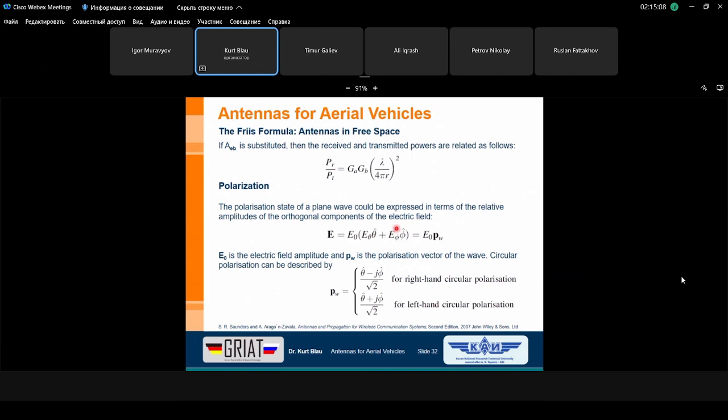Then we have an E phi component, and this is the vector perpendicular to this vector. And we can write this formula in this way. This is our magnitude of the E field, and this is the polarization vector. What is given in the brackets here is now described in a very similar way.